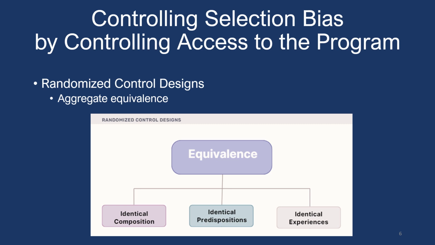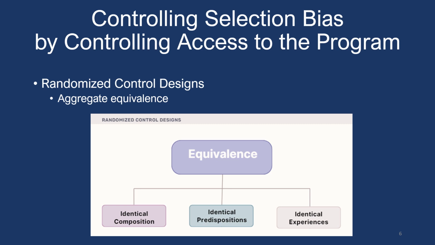Theoretically, we are looking for as close to perfect equivalence as possible, meaning perfect matches in all three areas. However, as we know, no two units are exactly the same in the real world. The beauty is we don't need an exact one-to-one equivalence. We just need that they average out to equivalent as a whole group and that the equivalences are related to the program outcomes.